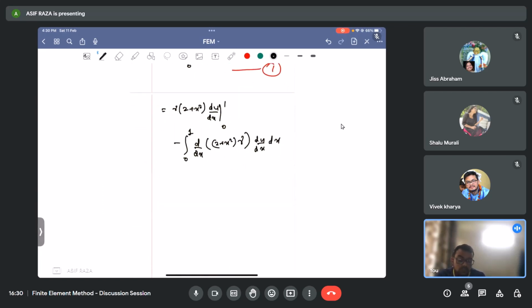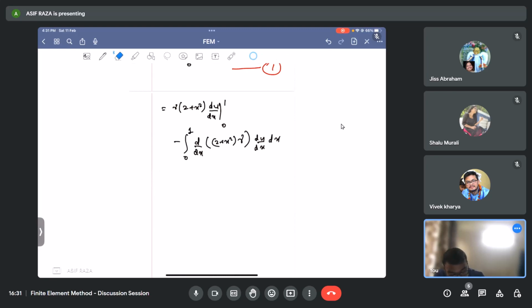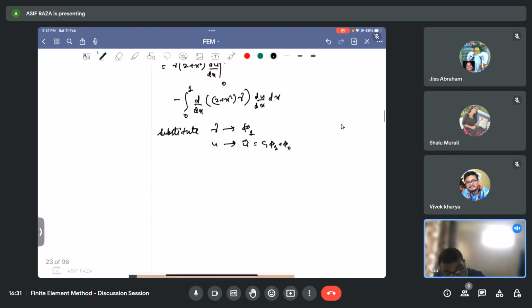So if we substitute gamma as phi 1 and u as u hat, that is c1 phi 1 plus phi 0. Okay, let's do this.